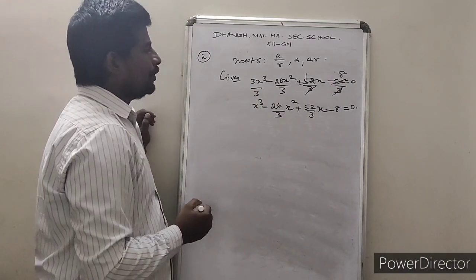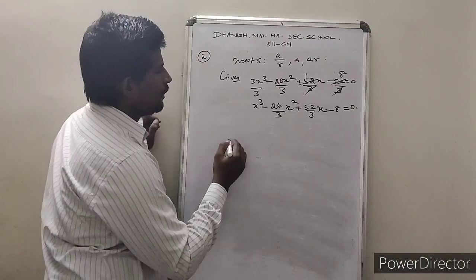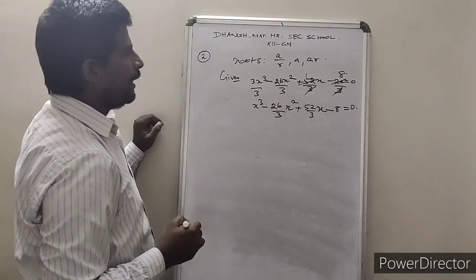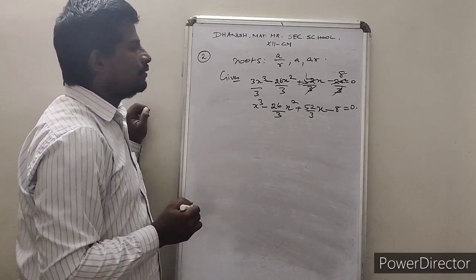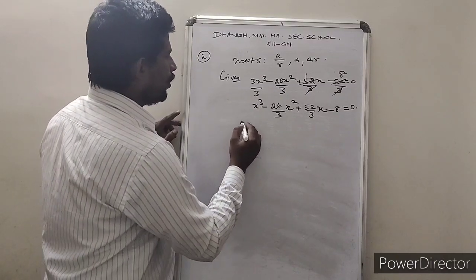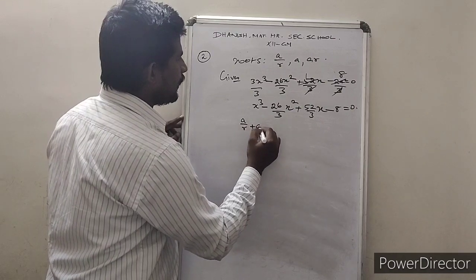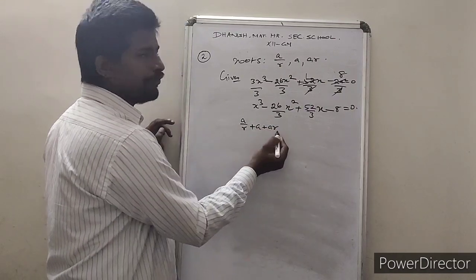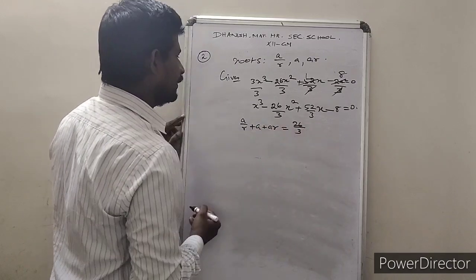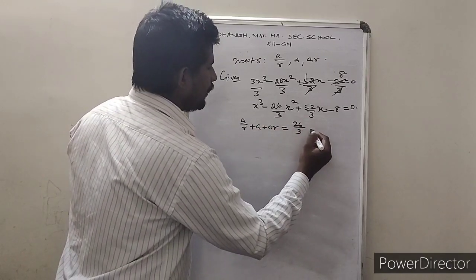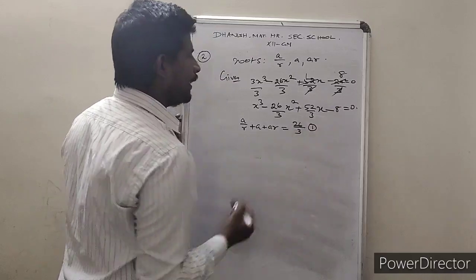Now we are going to apply Vieta's formula. This value is equal to the sum of the roots taken one at a time. So a by r plus a plus ar equal to 26 by 3. We can keep this as equation 1.